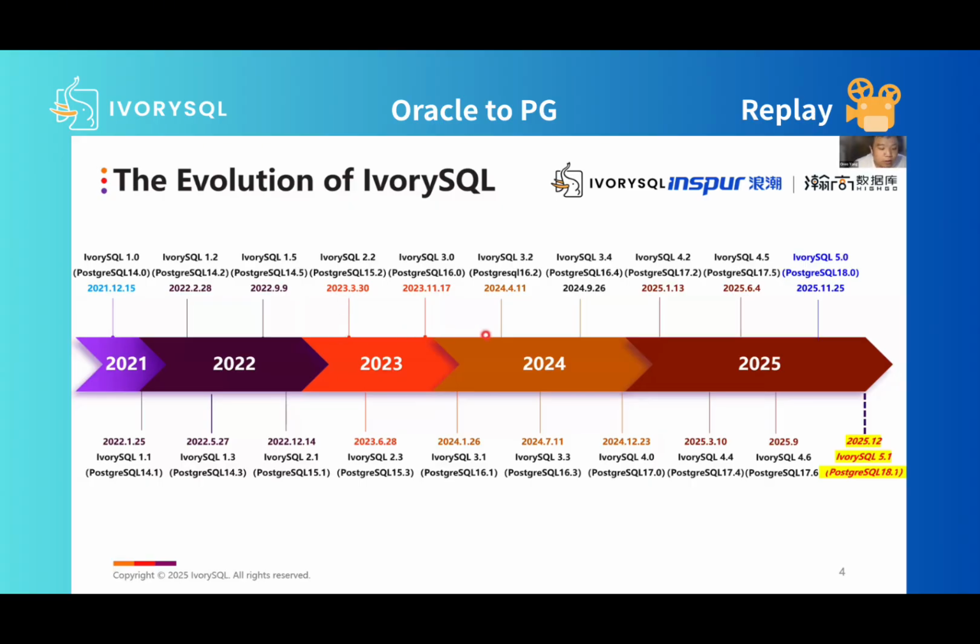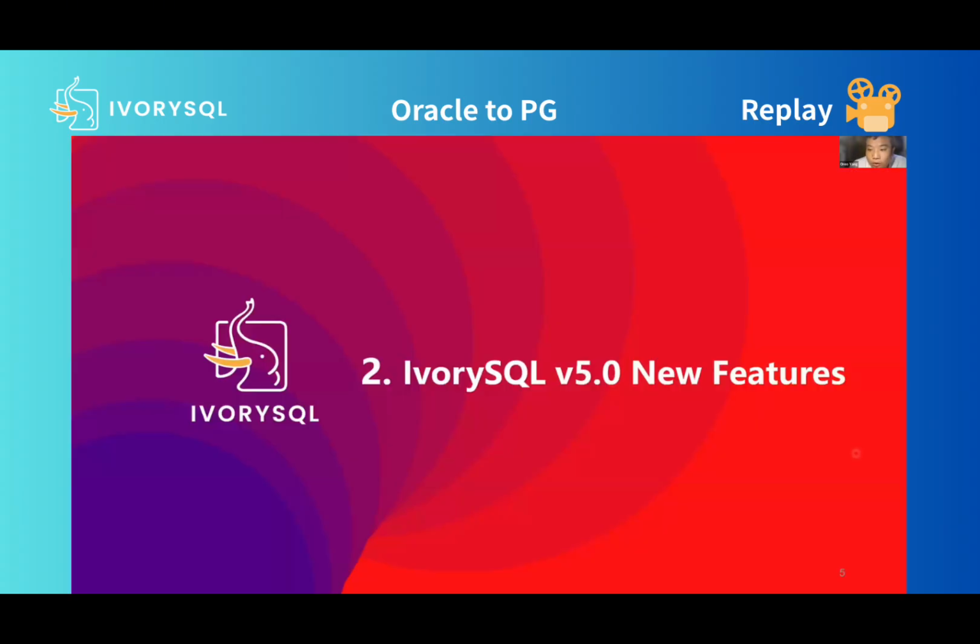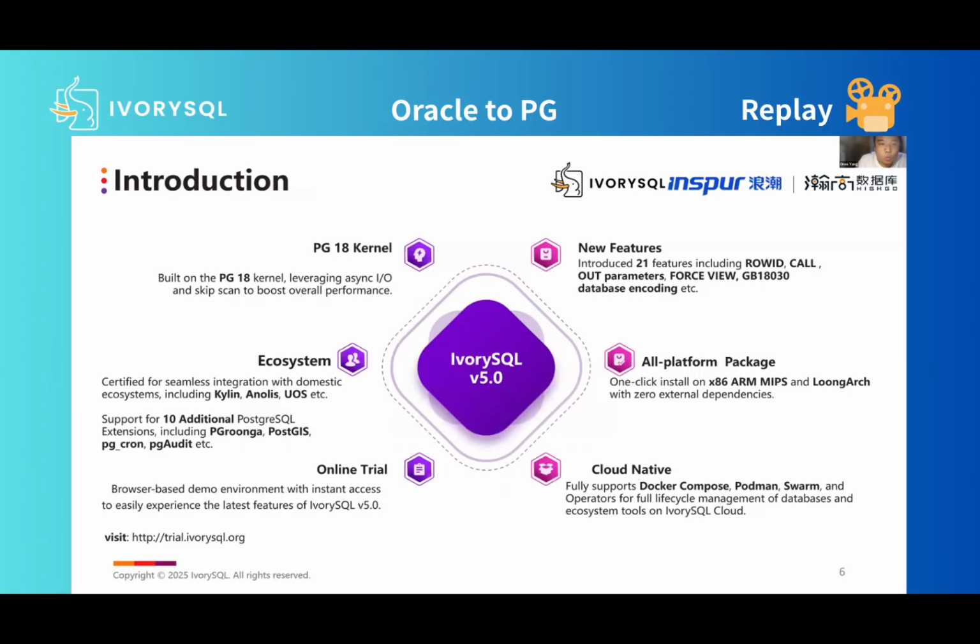IvorySQL releases within a month of the Postgres release; a month is our target. So you can say release 5 is delayed by over a month. And our next minor release is scheduled for next weekend.